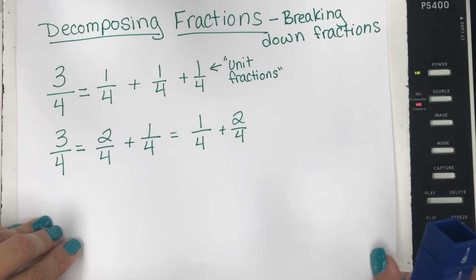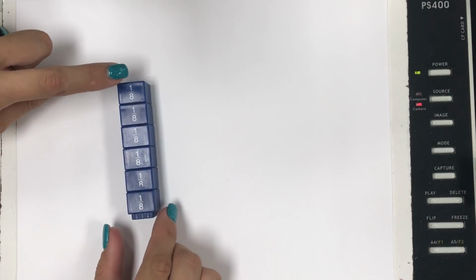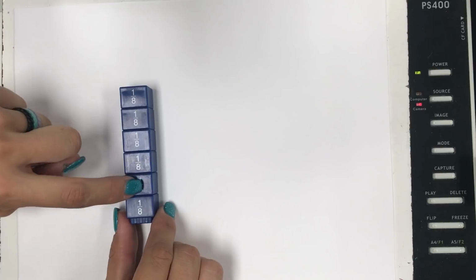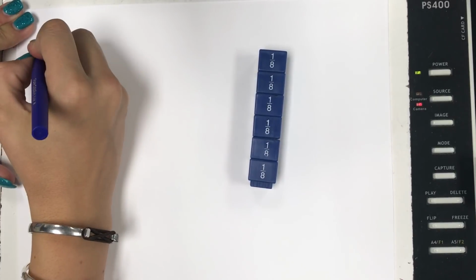I'm going to use a different piece of paper. So here, let's do 6/8. I have 1, 2, 3, 4, 5, 6, and they are my eighths pieces of my fraction tower. So I have 6/8 is what I'm starting with.